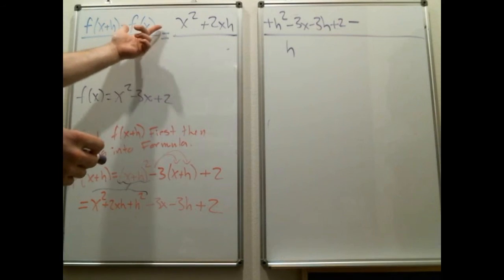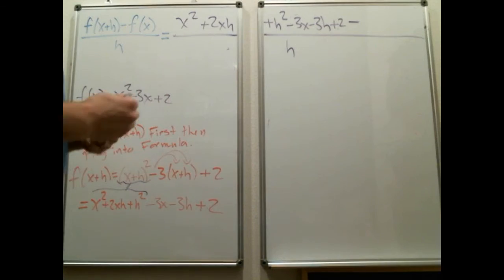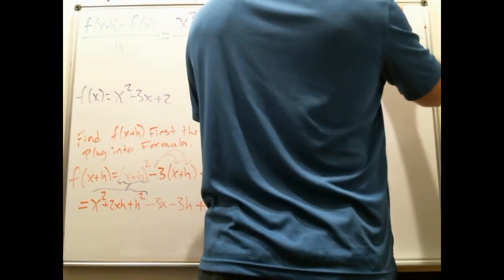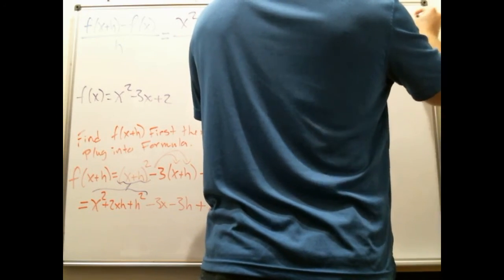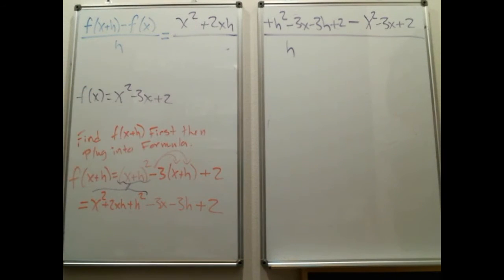Alright, so it's just asking us to literally plug in what f of x is here. So f of x is x squared minus 3x plus 2. Alright, hopefully that's clear enough.